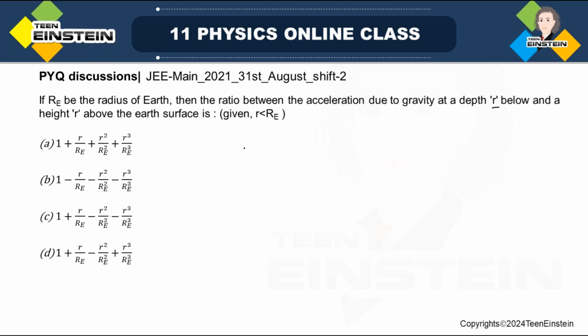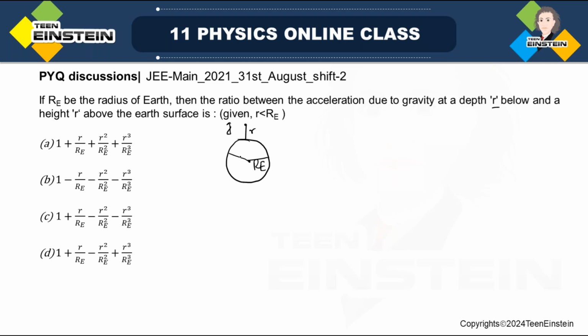So what we have to get, suppose this is the earth, this is having radius re, so g at a height from the earth's surface I have to find out, like I have to write down the expression for that.